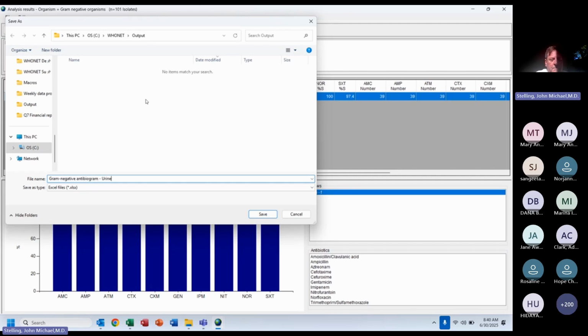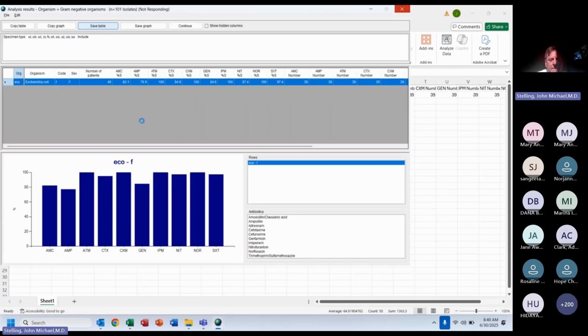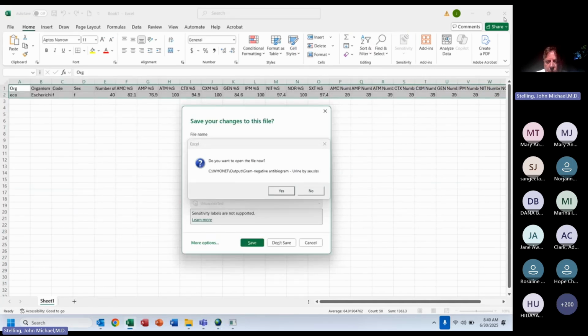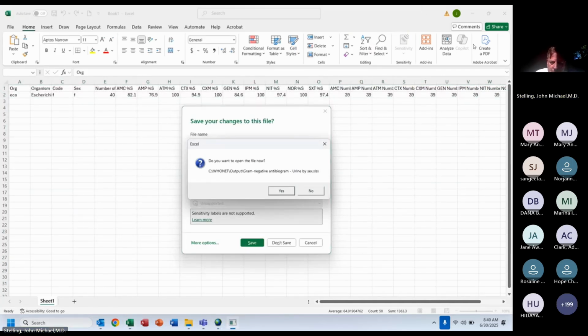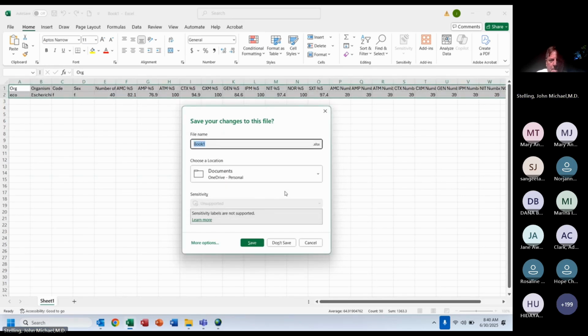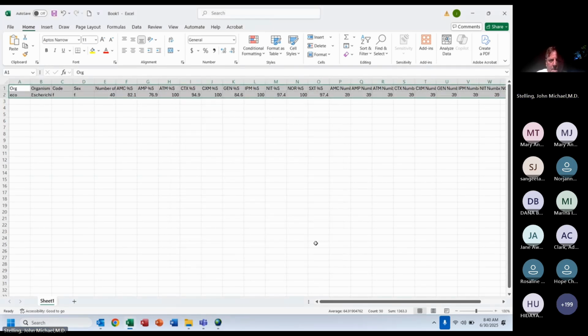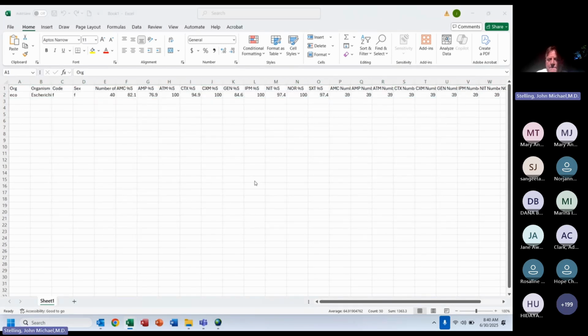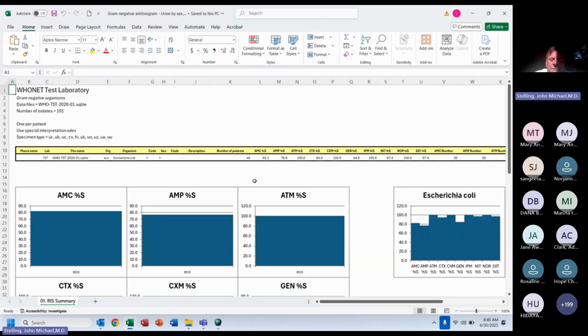This is by urine, by sex, save. Oops, wrong thing. Do you want to open the file now? Yes, I do. Yes. And there it is. So it's very easy to get the results into Excel.